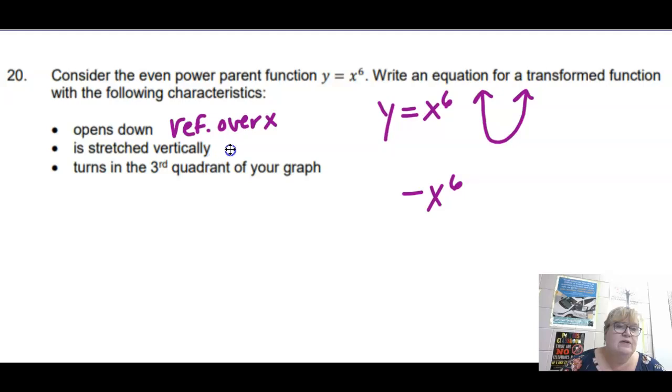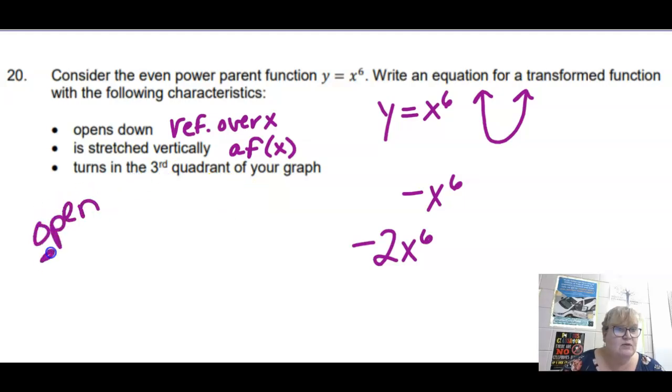Okay, now that means we need to put an a out in the front that's greater than 1. So we could put a 2, or a 3, or a 7, or a 1.8, anything greater than 1. So this is an open response question. Open-ended, you can have different responses, okay?